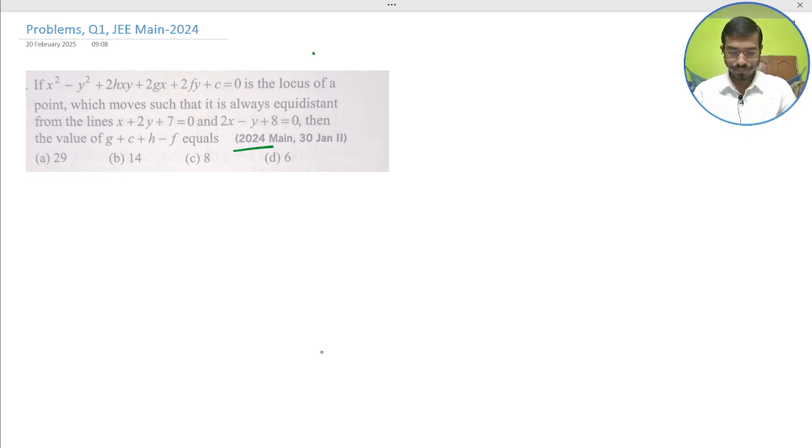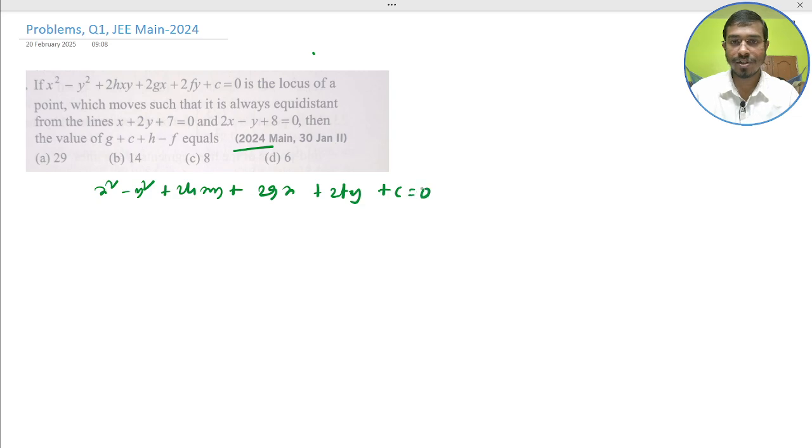So here the given equation, x square minus y square plus twice hxy plus 2gx plus 2fy plus c equal to 0, is equation number 1.